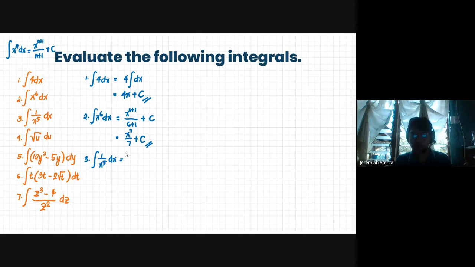Yes or no? No. But can we do something sa ating function 1 over x to the power of 5 so that we can apply the theorems that was presented earlier? May magagawa ba tayo sa 1 over x to the power of 5? Yes. What are we going to do? If yes, anong gagawin natin?